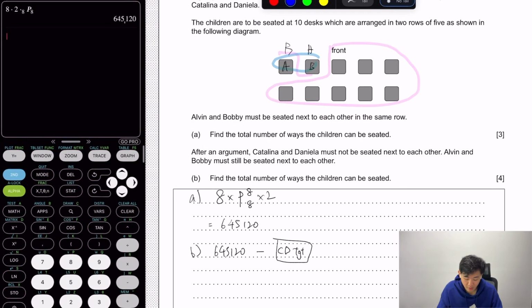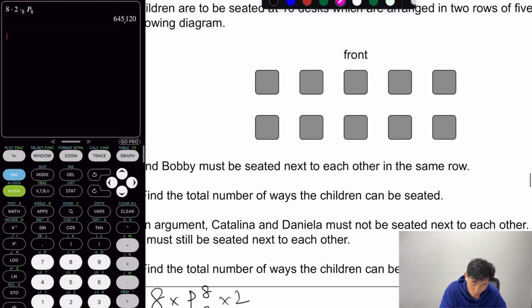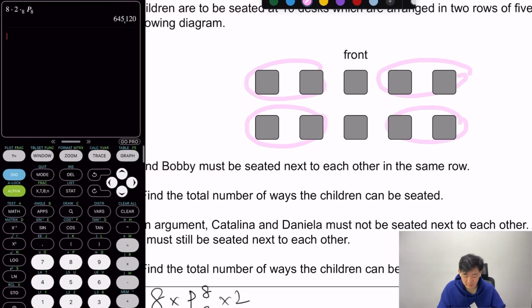So we can analyze a little bit first. How can they be seated? When A and B sit at the corners, it is easier to calculate, right? So this is A, B. If they sit in the corners, then that's going to be easier to do because the style pretty much looks like this.